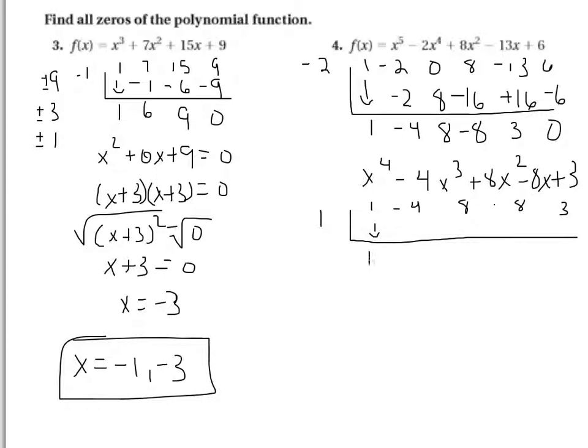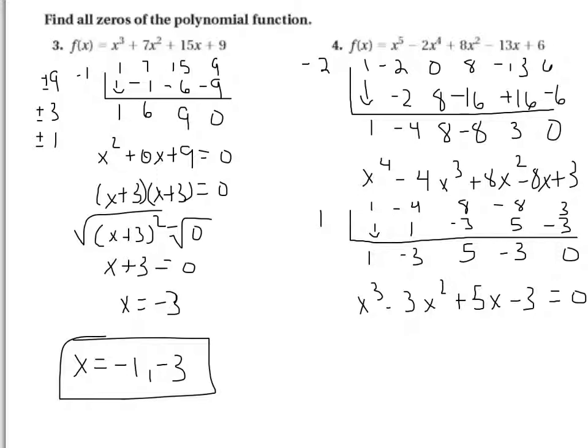Bring it down. Let's see, negative 3. So 5. Negative 3. 0. So now I have x to the third minus 3x squared plus 5x minus 3.